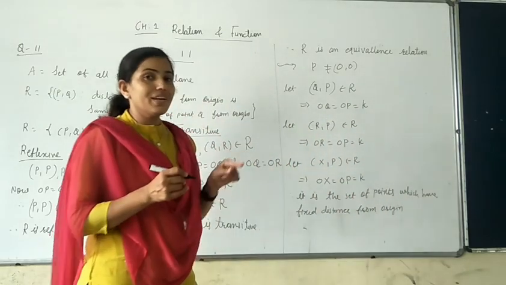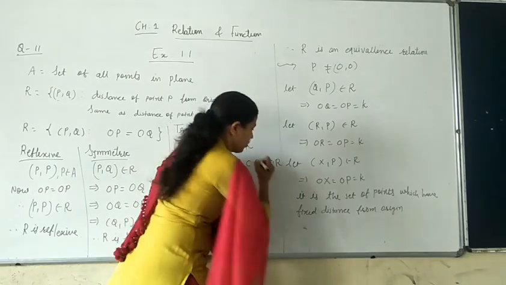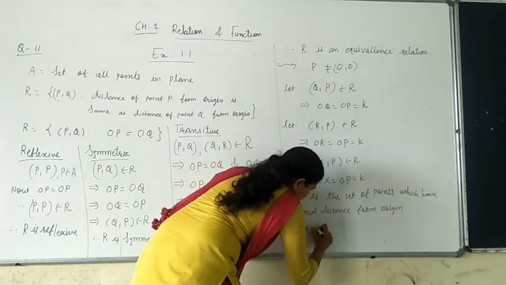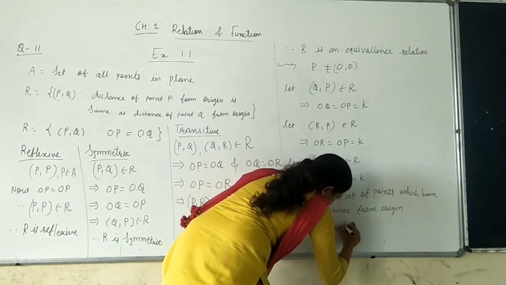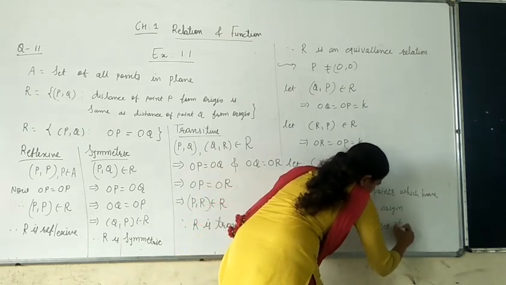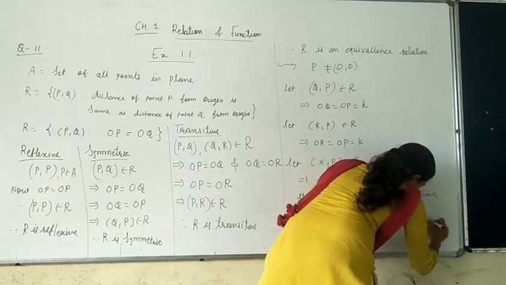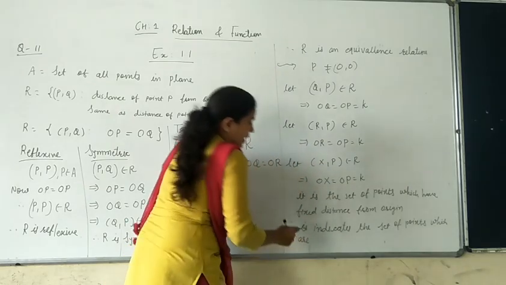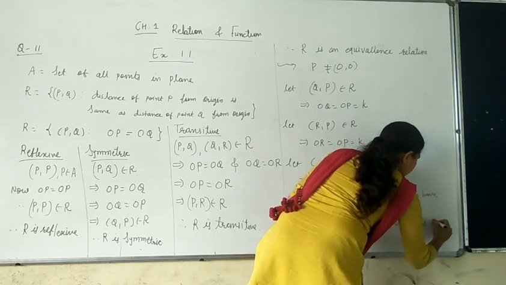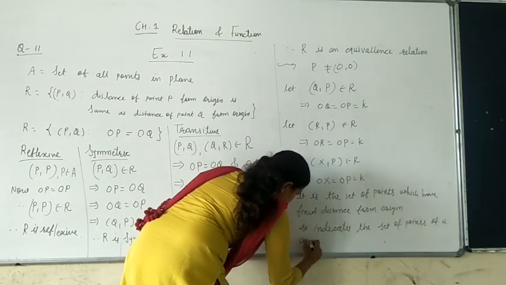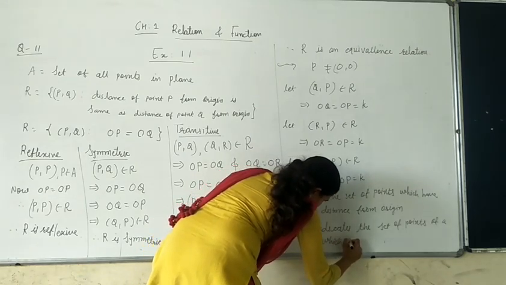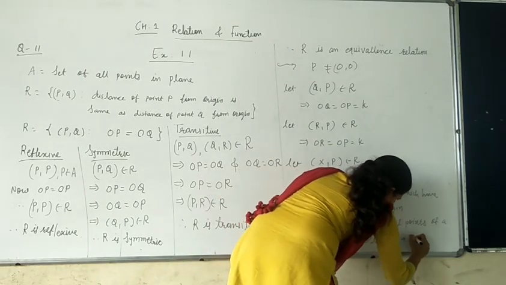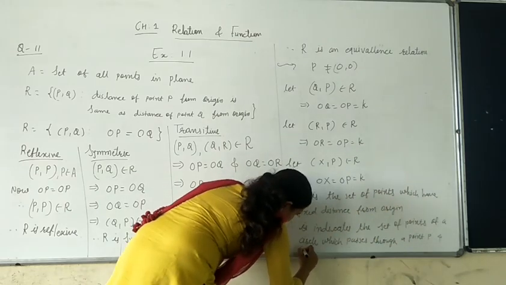That means the origin is the center, and therefore it indicates the set of points of a circle which passes through a point P, with the origin as center.